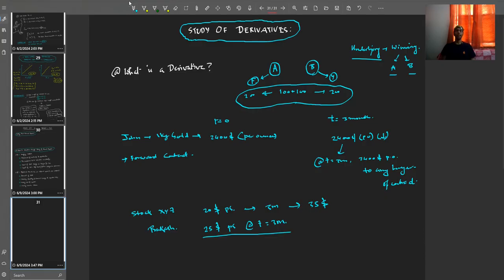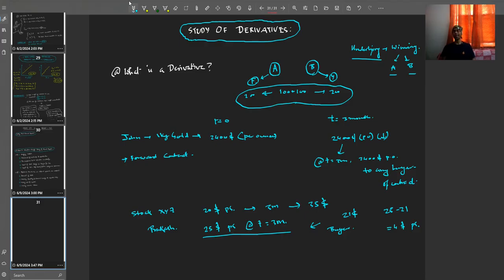Okay. Now let's say to this contract there is a buyer. A buyer who thinks that this stock will not go up to 25. In fact, he thinks that when 3 months are over, the stock price will be, let's say, $21. Right? There is a buyer who thinks like this, a buyer of this derivative contract. Now, he is thinking that at the end of 3 months, he is going to make a profit of 25 minus 21, that is $4 per share, by getting into this contract.